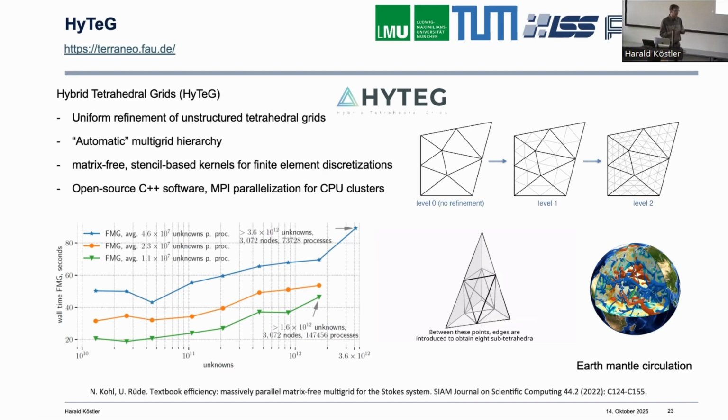And by this regular refinement, if you do that several levels, then you have, of course, regular access patterns, and you can write efficient multigrid solvers for that. By the way, this is also not quite true, the CPU clusters. I think currently we are working on also GPU prototypes, right? So that will be maybe the next year or so.